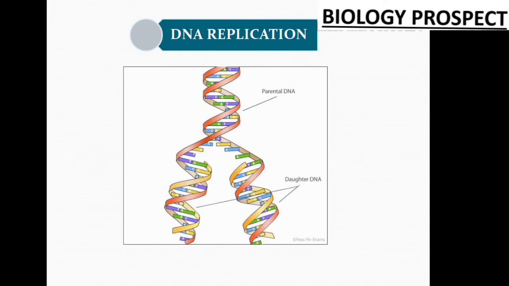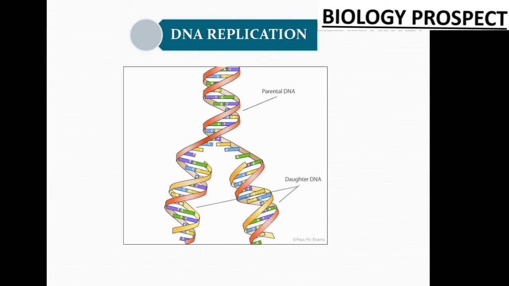During replication, the DNA double helix opens at one end, freeing the strands. To each of these free strands, new complementary strands begin to form in the opposite direction. This process takes place for the whole length of the DNA, as given in the picture you have seen.